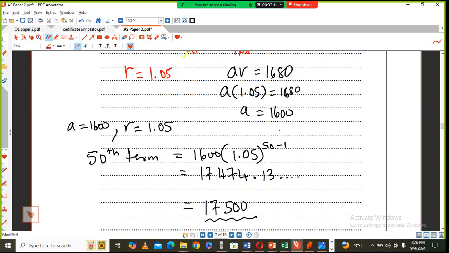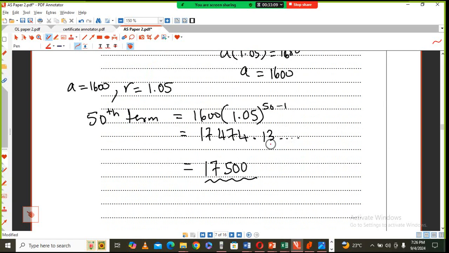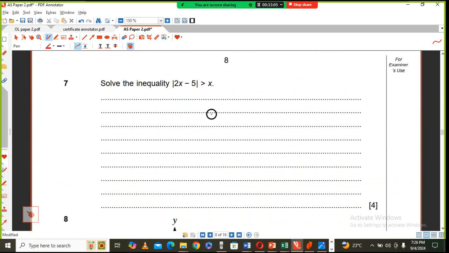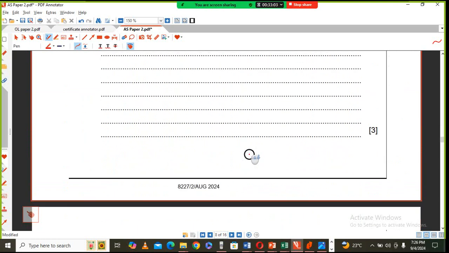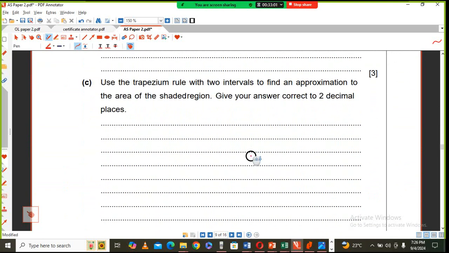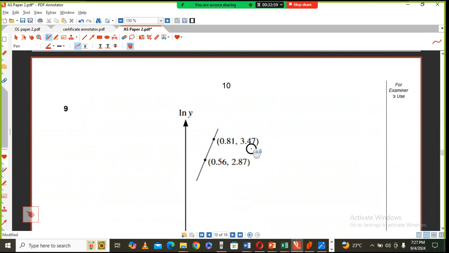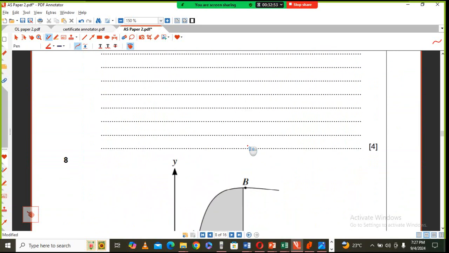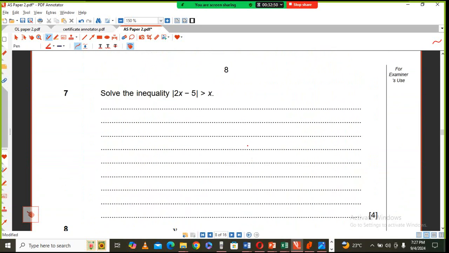Okay. Question 9. Could have tried question 7 too, but let's go to question 9. By the way, did you guys work or try to work out question 7? Guide me through what is your answer.